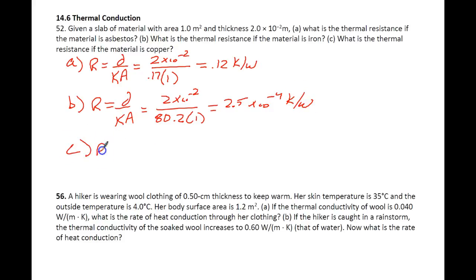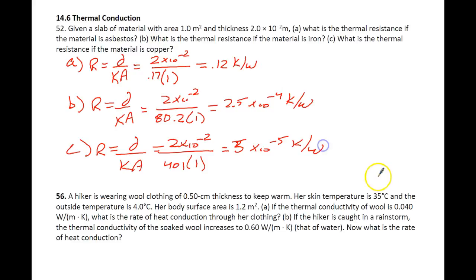And then finally for letter C, R is equal to D over kappa times the area, and this last one is for copper, so 2 times 10 to the negative second over 401 for copper times 1, and that would be equal to 5 times 10 to the negative fifth Kelvin per watt.